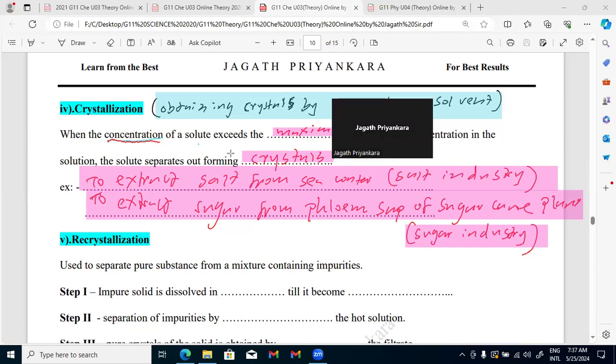The next one, students, so what is recrystallization? That means the crystals, you dissolve again. Impure crystals are dissolved to get pure crystals. What is recrystallization?